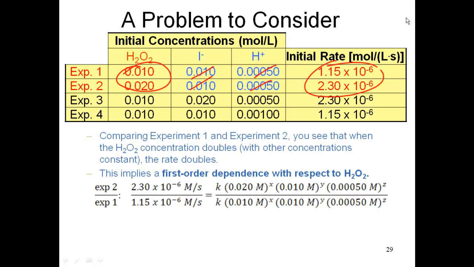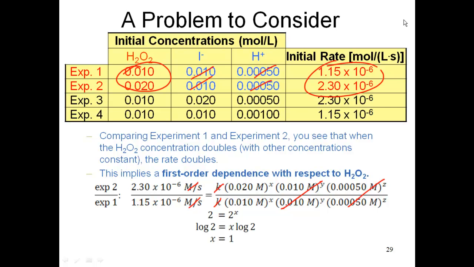Notice in this process, my units cancel on my rates, my K's cancel, my Y's cancel, and my Z's cancel. This leaves me an equation of 2 is equal to 2 to the X, which has to be 1, or doing it by logs, log of 2 equals X times log of 2, X then equals 1. So we know the order with respect to the hydrogen peroxide.